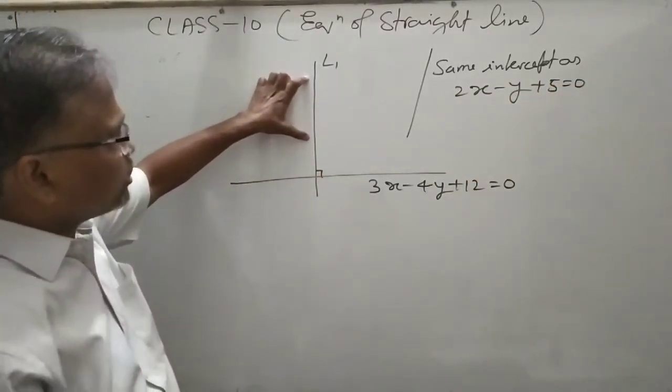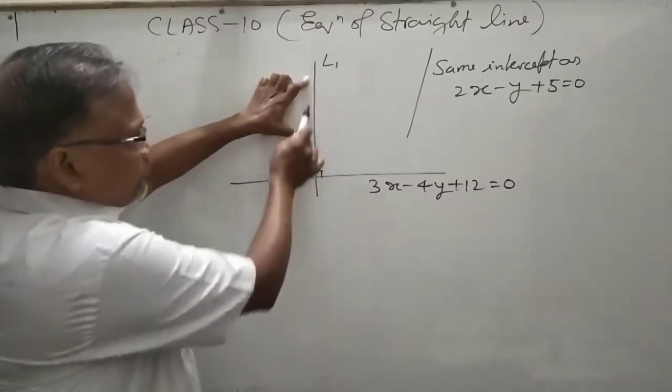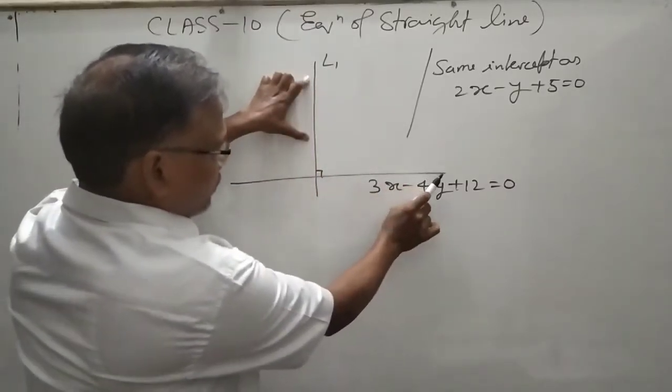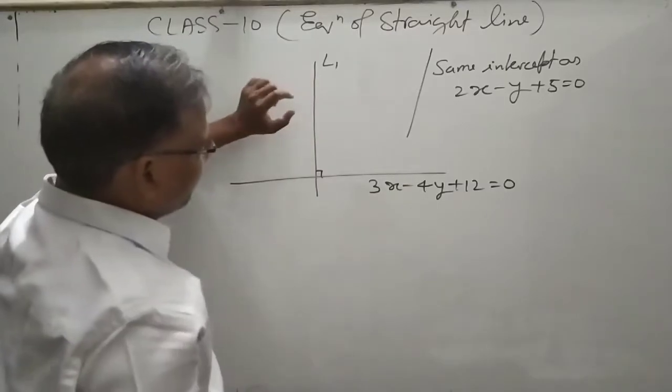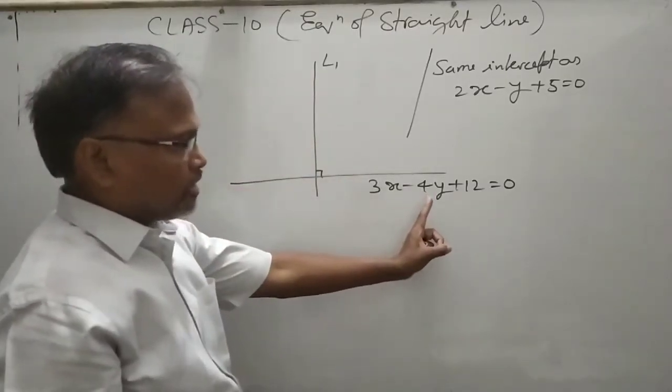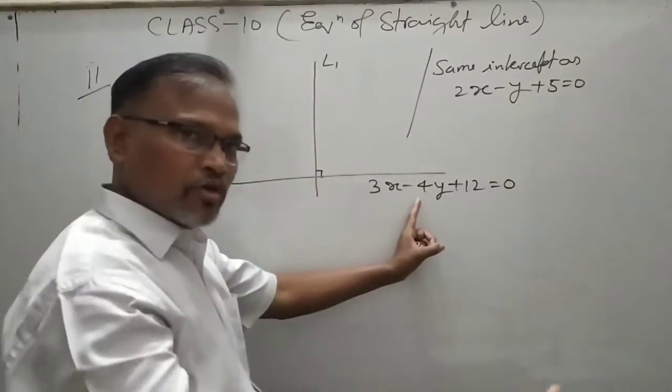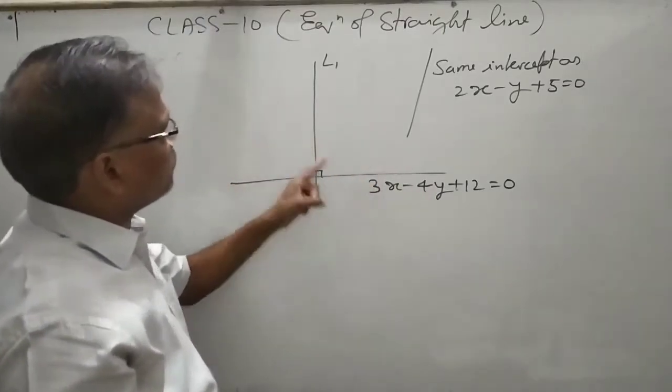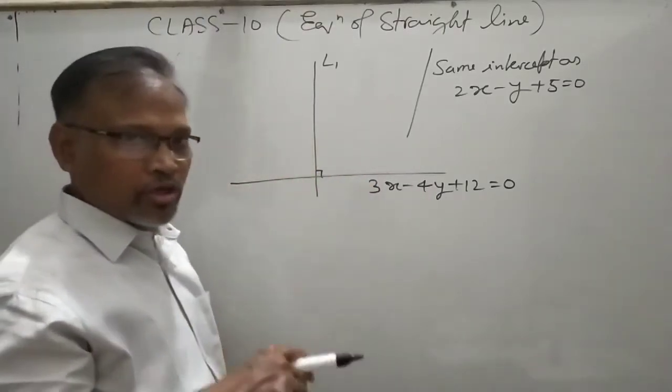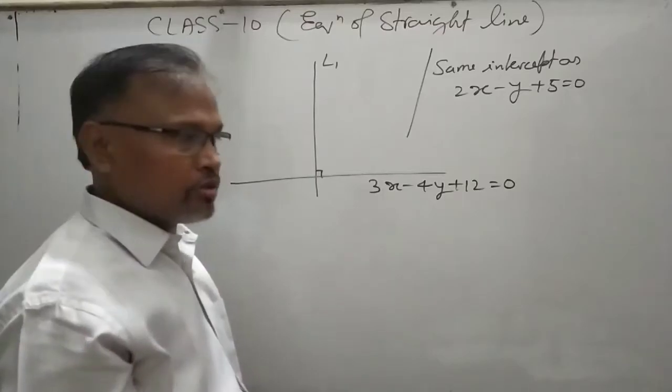We have to find the equation of this line, which is perpendicular to this line. So if it is perpendicular, it means that if you find the slope of this, then minus 1 upon the slope of this will be the slope of line L1, according to the condition m1 m2 is equal to minus 1.